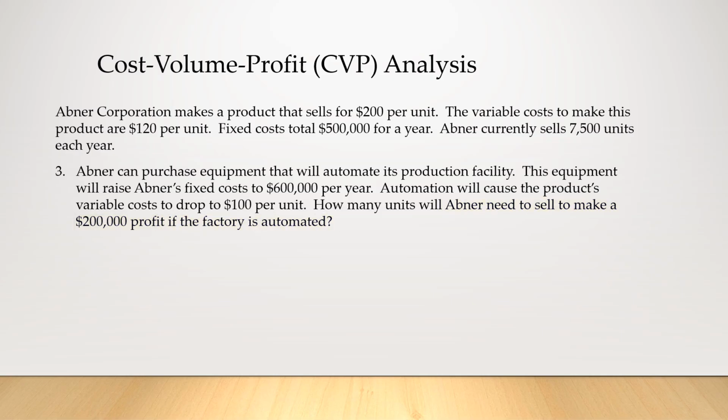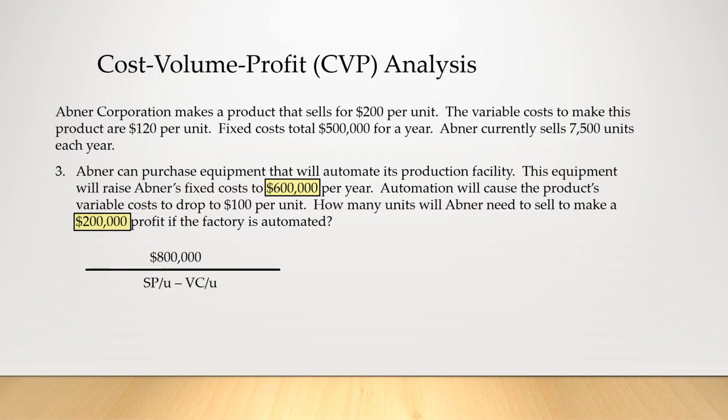We're still using fixed costs plus target profit divided by unit contribution margin, just with some revised figures. Fixed costs are now $600,000, not the original 500 grand, though target profit is still $200,000. Plug those amounts into our numerator and it will be $800,000.